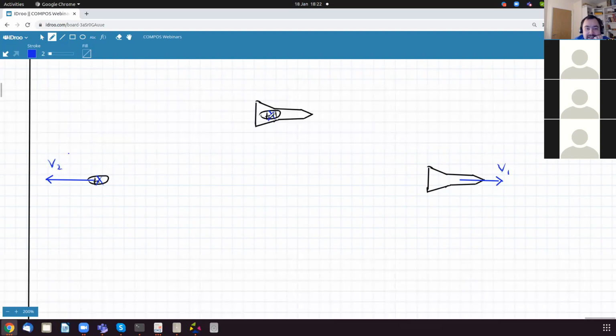But the center of mass can only move if there are external forces, and if there are no external forces, the center of mass of the rocket remains where it is. The fuel goes one way, the rocket goes the other, but the center of mass stays where it is.